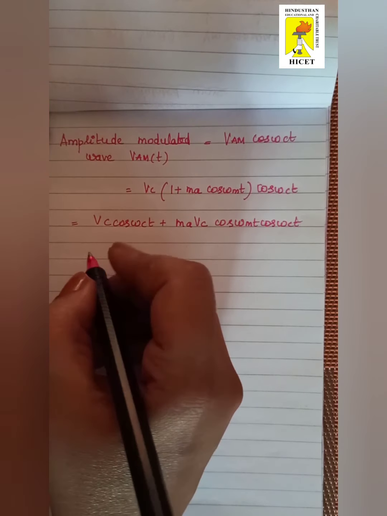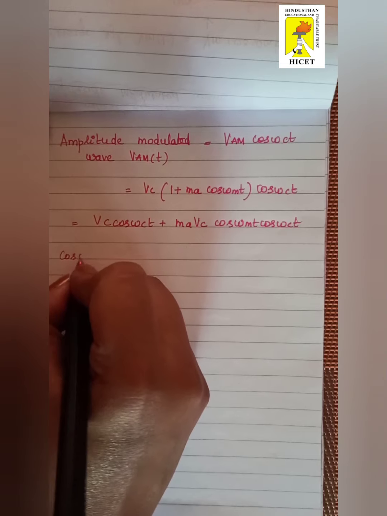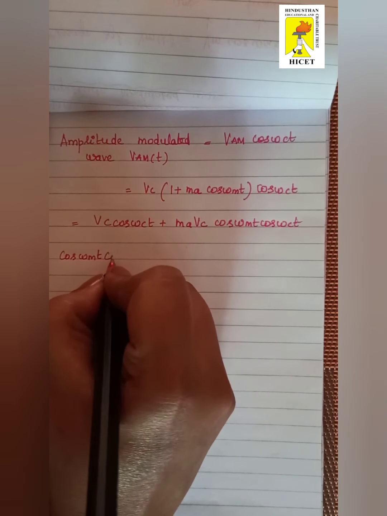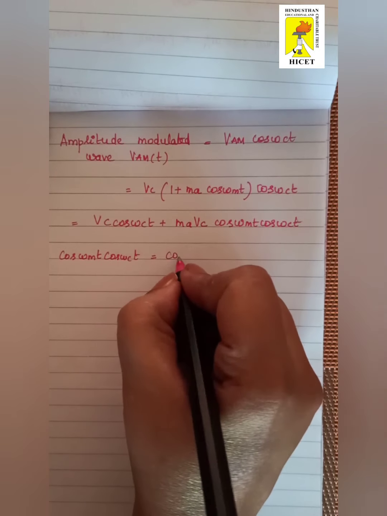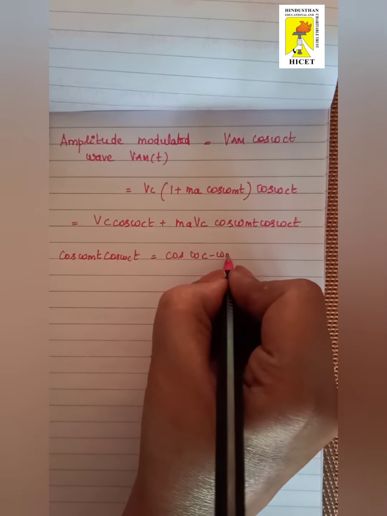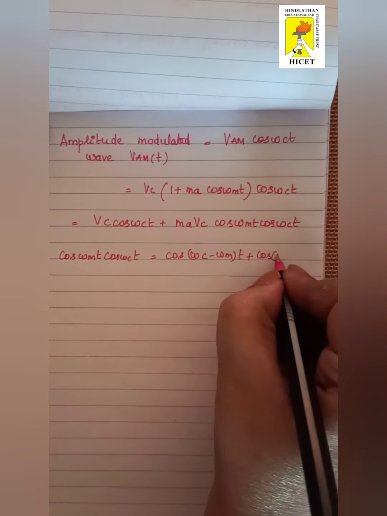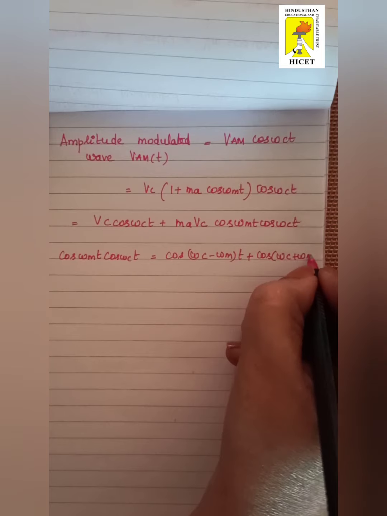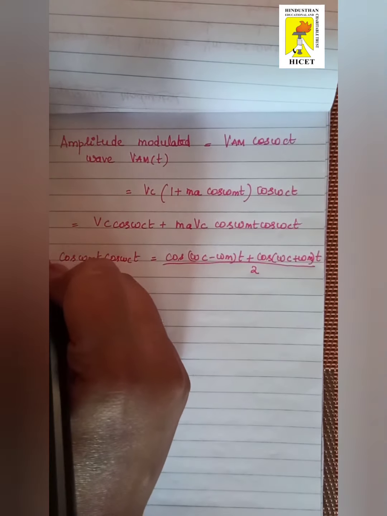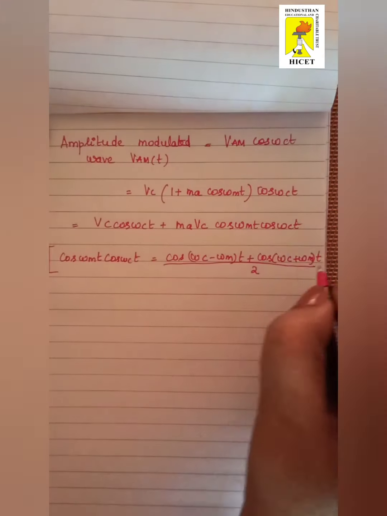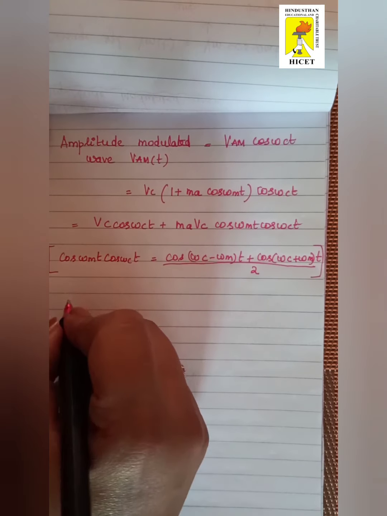Using the trigonometric ratio, cos omega m of t into cos omega c of t can be written as cos omega c minus omega m of t plus cos omega c plus omega m of t, divided by 2. So we are substituting this trigonometric ratio in our previous expression.